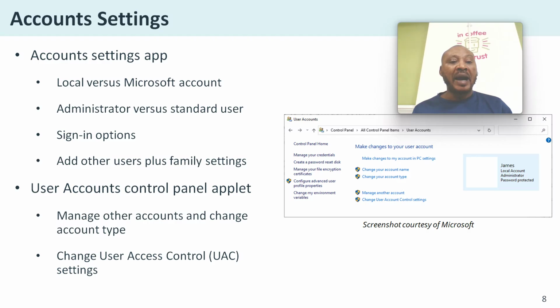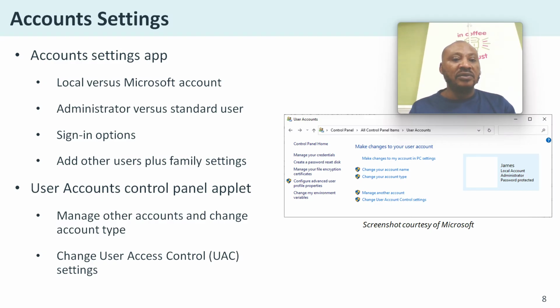Now, back in the days, in previous Windows, we didn't have a Microsoft account by default on our operating system. What we had were normal accounts, which is a local account. The local account is the account that you created at the time you installed your Windows, your OS. When you start installing your OS, it asks you for an account name, you just type the account name. Those are called local accounts.